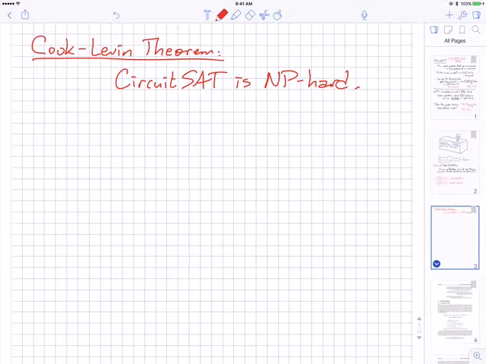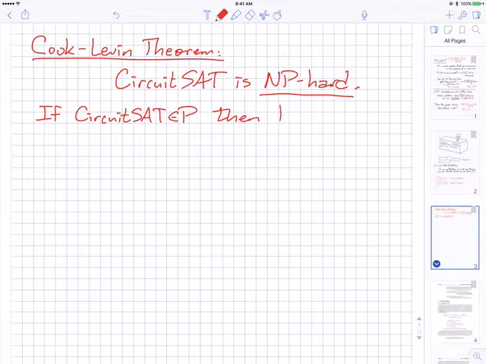And what this phrase NP hard means is if circuit sat can be solved in polynomial time, then P equals NP. Okay. So a problem is NP hard if a polynomial time algorithm for that problem implies P equals NP.